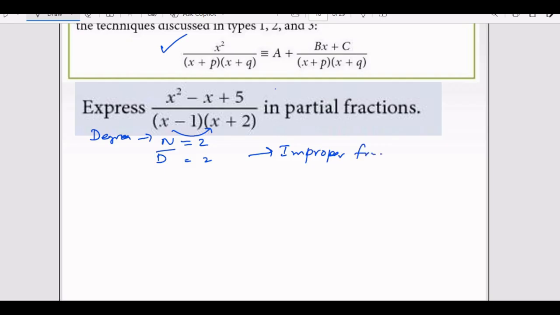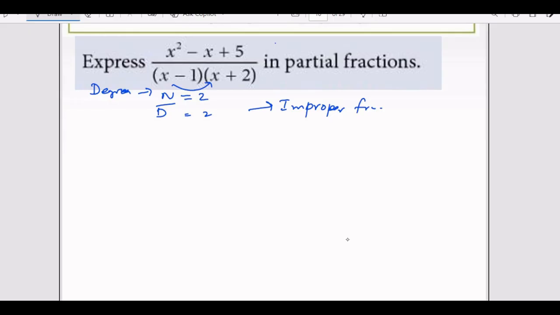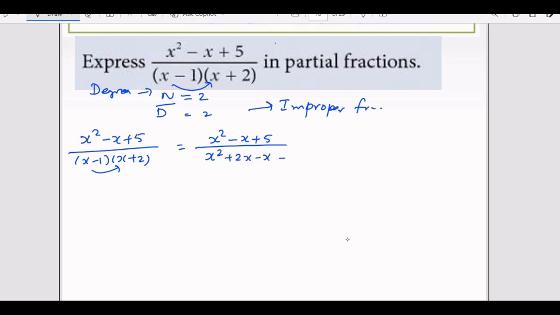Let me first use the long division method. I am writing this again, x squared minus x plus 5 over x minus 1 and x plus 2. If I expand the denominator brackets, we multiply and get x squared, then plus 2x minus x minus 2.